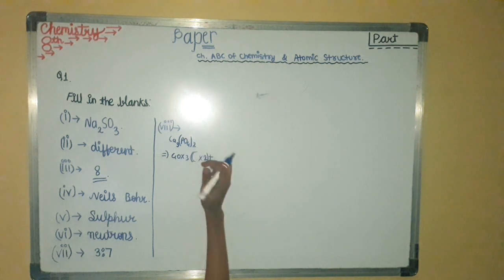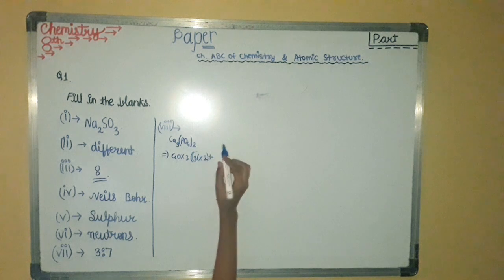Phosphorus value is 31 and oxygen is 16 into 4 into 2, which is 8.